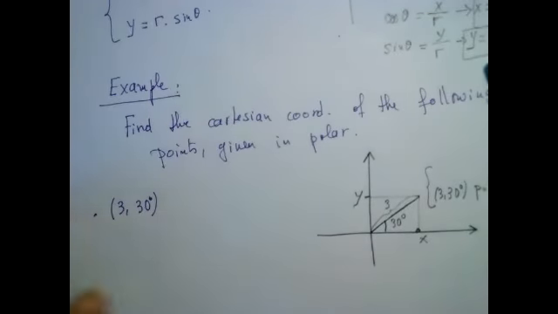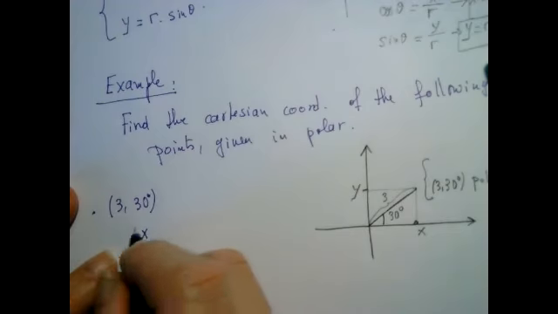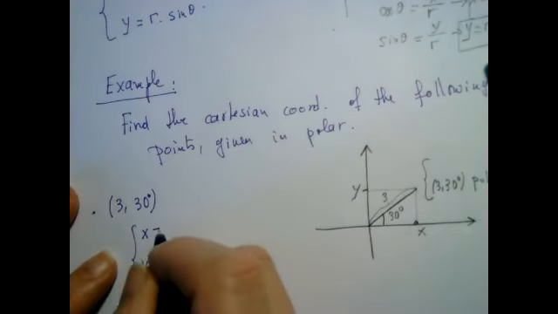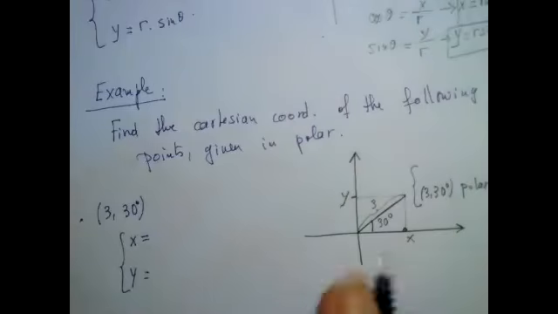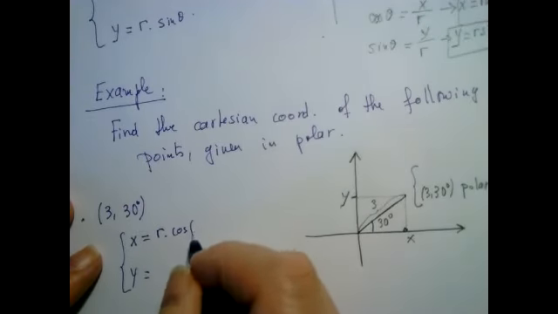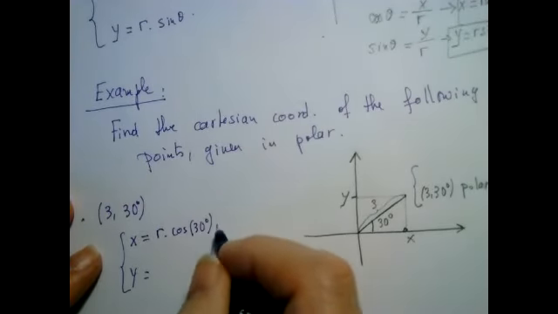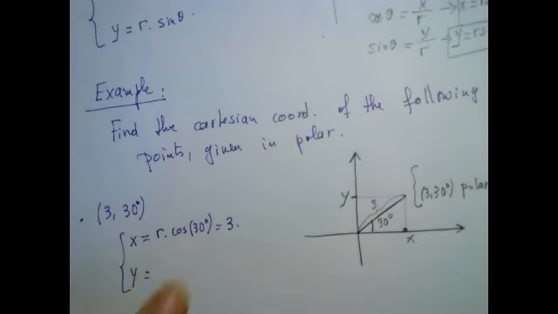Calculator. It's very annoying. Okay, sorry about that. So now what is my x and what is my y? So we usually memorize those formulas because they are very useful. So what is my x? My x is r cosine of 30. So I am in degrees. My r here is 3. Cosine of 30.